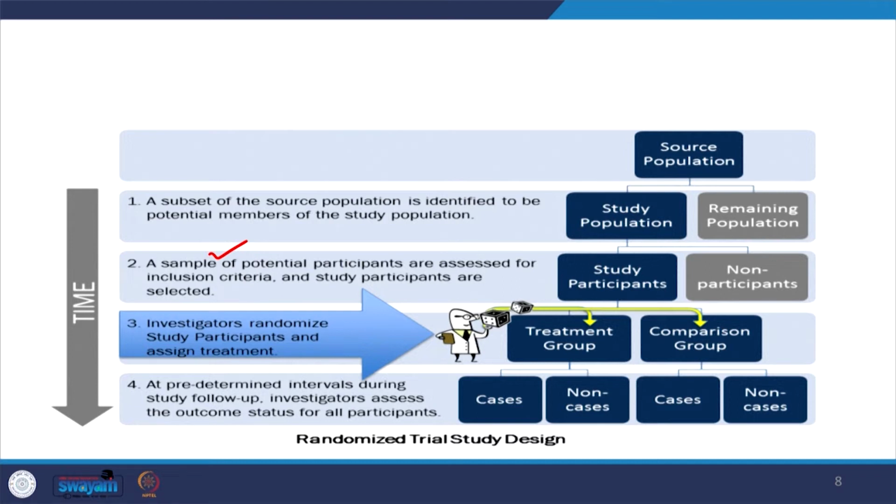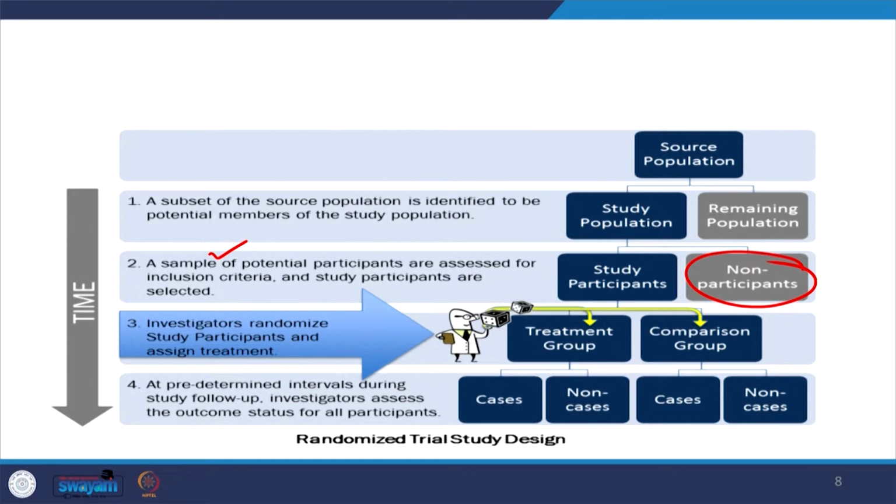Accordingly, study participants and non-participants can be understood. From the sample, we can further subtract those who are not actually participants. Then investigators randomize study participants and assign the treatment. Now we can compare the treatment group with the comparison group.